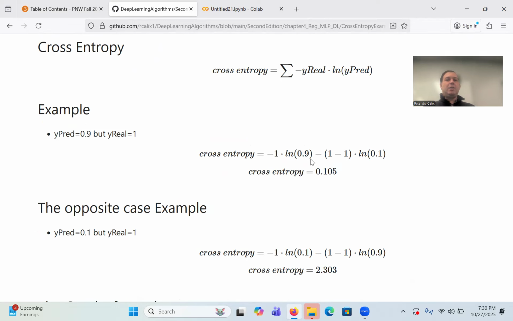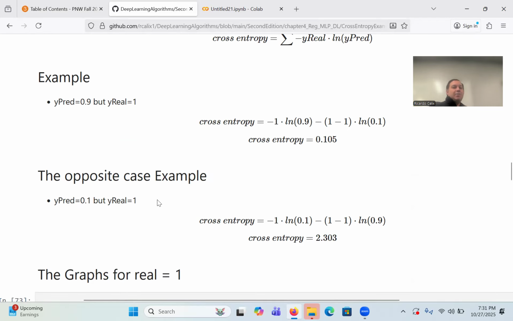This is all negative, plus the negative of what? What is the probability? 1 minus 1 times the natural logarithm of 0.1. Do you see that? And we compute this value, and it's going to give us 0.105, 0.10. Okay?